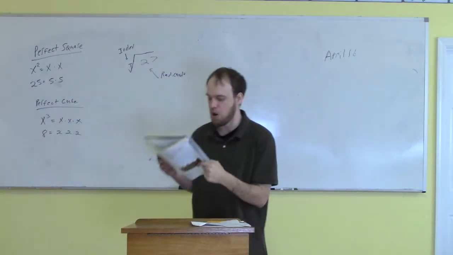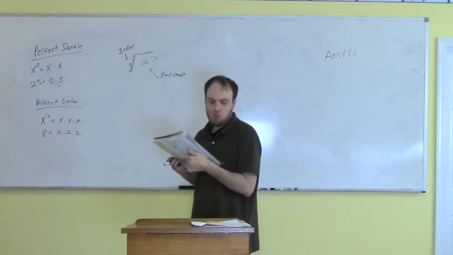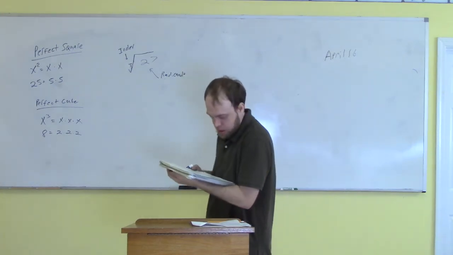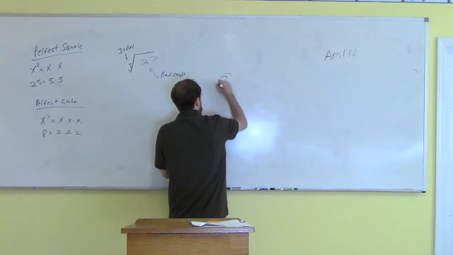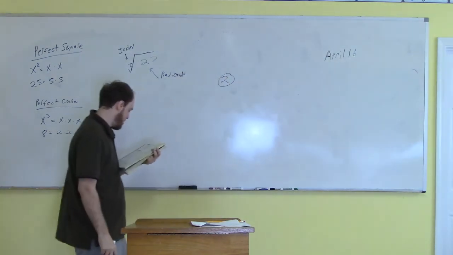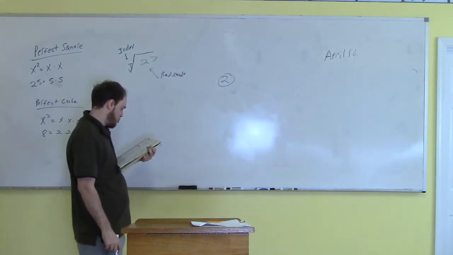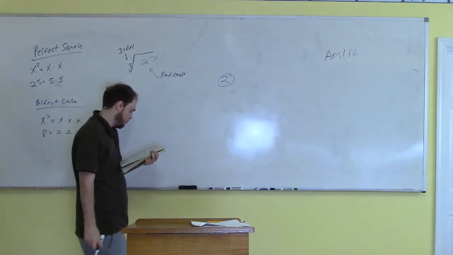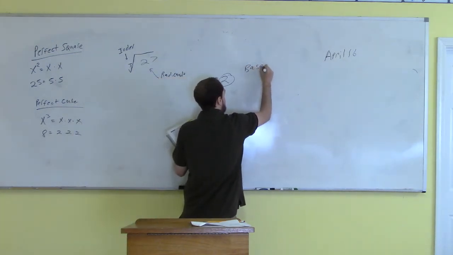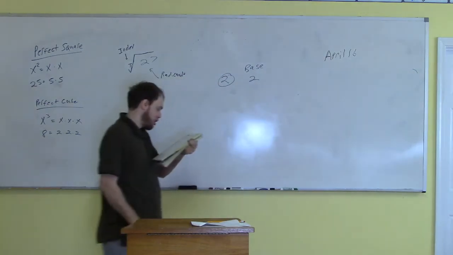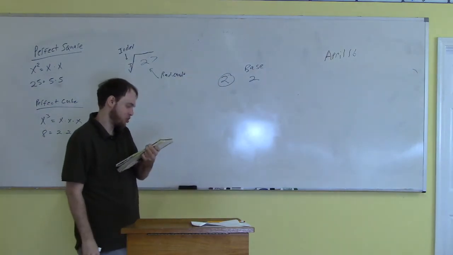And so to do a few problems, I'll do number 2. Number 2 says, they just want you to know the base of 2. So they say the base is 2, and then they want you to know what is the square and what is the cube.